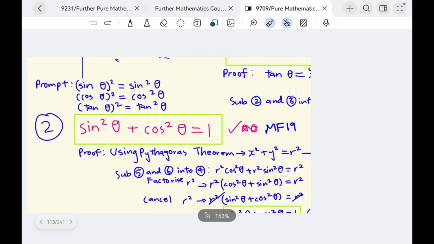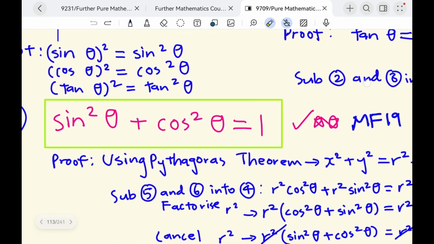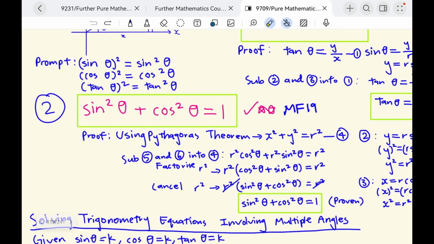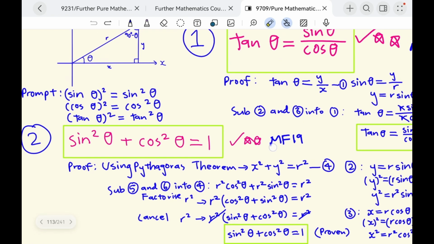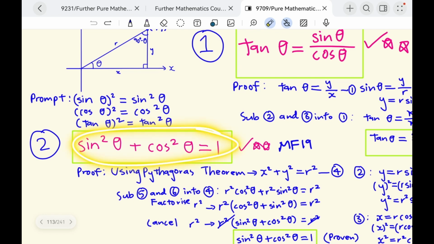The next identity that also exists in your MF19 is sine squared theta plus cos squared theta equals 1. This is the so-called Pythagorean identity in trigonometry. Why do I call it the Pythagorean identity?